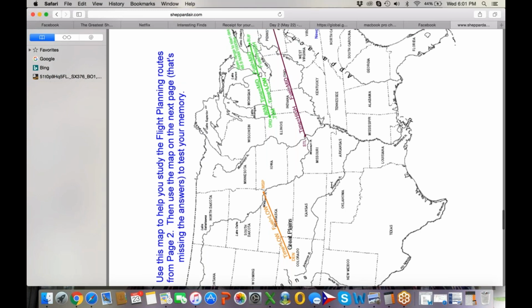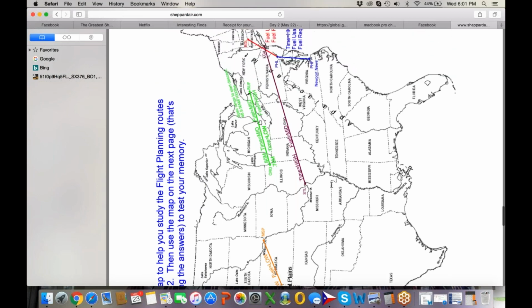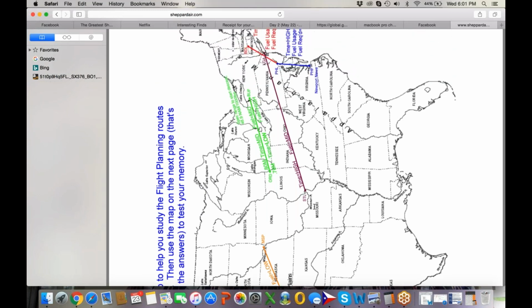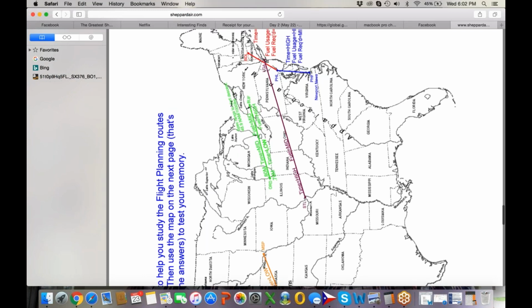Okay. And then same here, St. Louis to LaGuardia, time's always going to be high, fuel's always going to be mid. Okay. Super simple. But that's what I'd use this memory aid for.